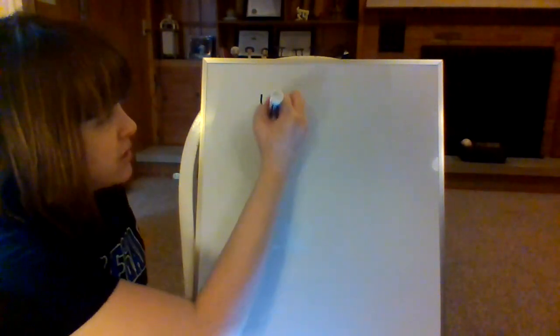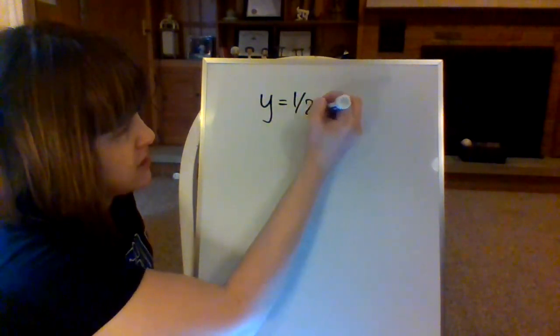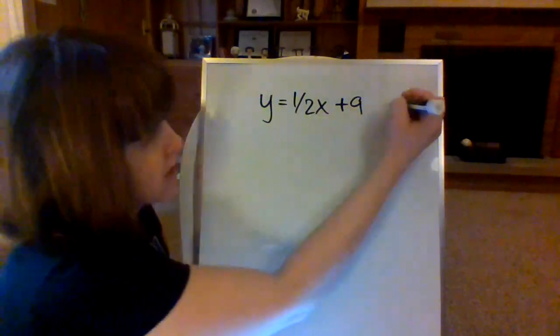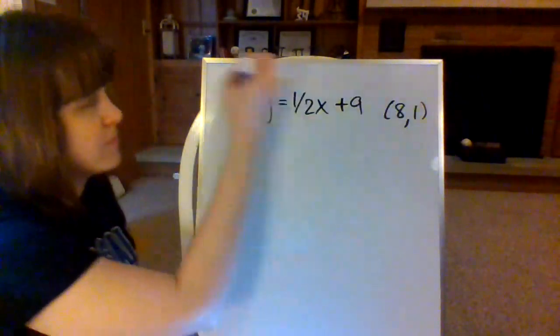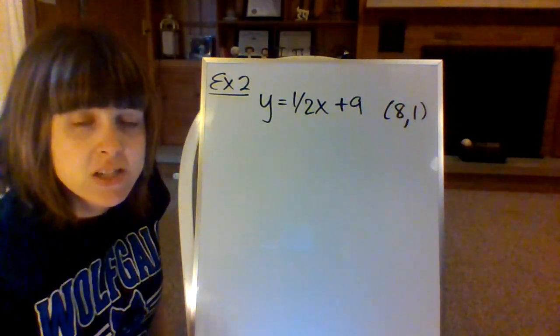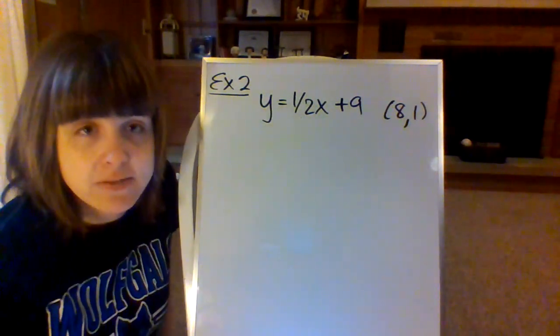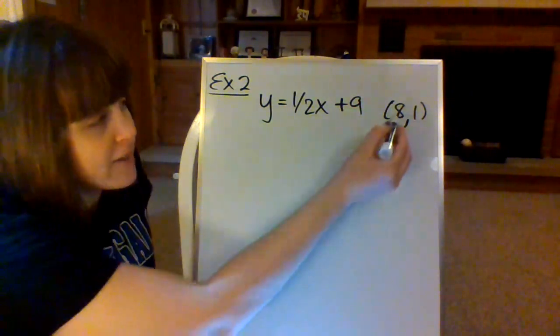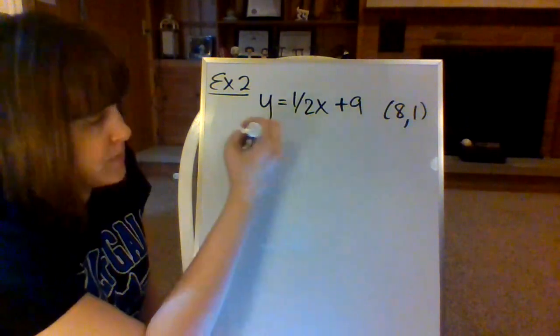Alright, example 2 says, find the equation of the line that is parallel to the line y equals 1/2 x plus 9 and passes through 8, 1. So what is the slope of this line? Well, the slope is 1/2, and we have x is 8 and y is 1.